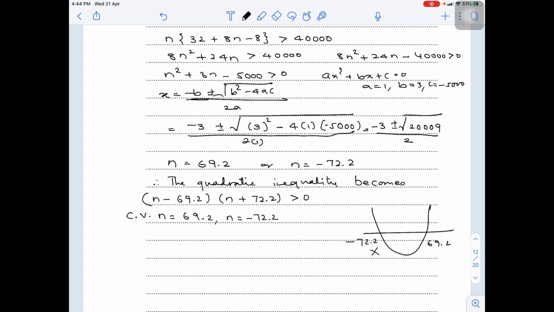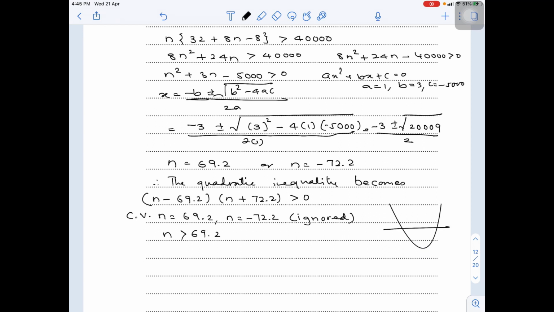But we cannot use both, right? We have to use only the positive value. No need of drawing that also. So n is 69.2 because the other is ignored. Why is it ignored? It's the negative value. So n is more than 69.2.